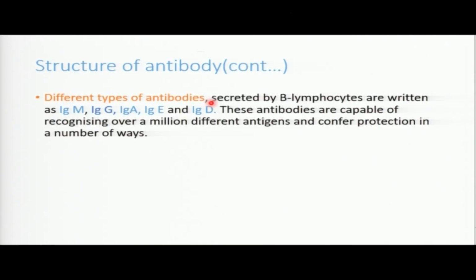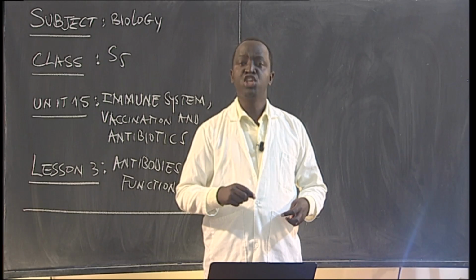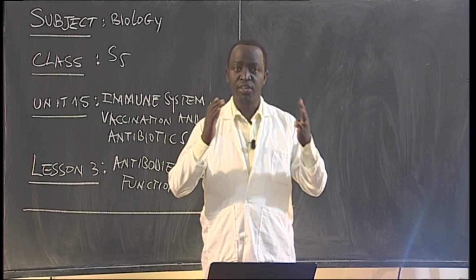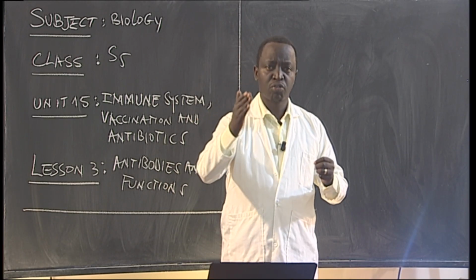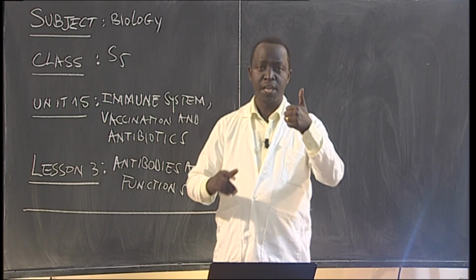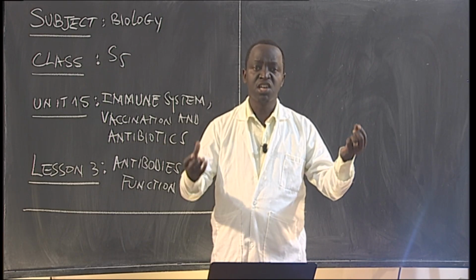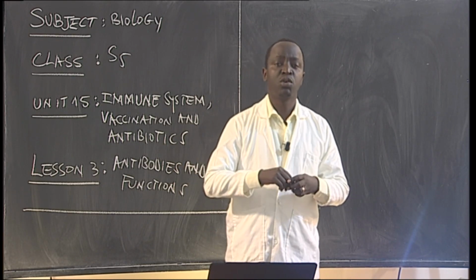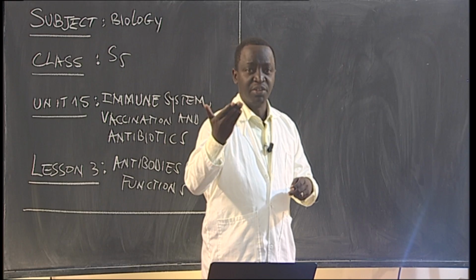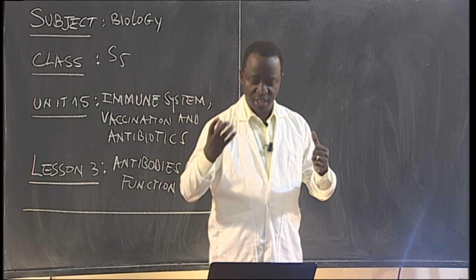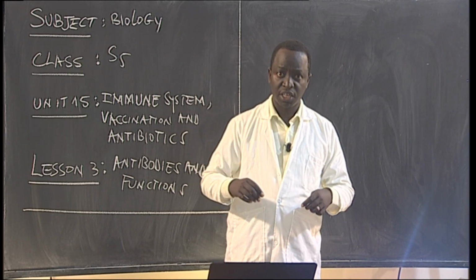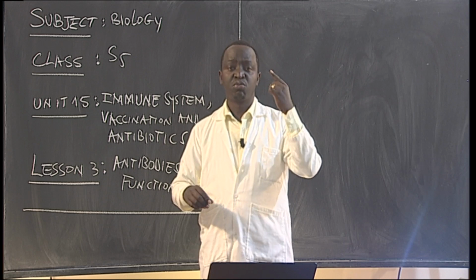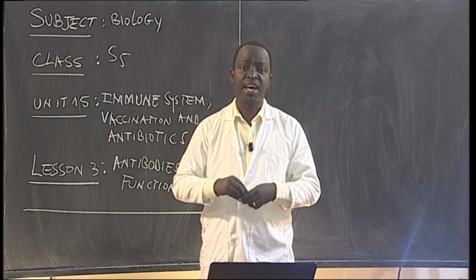Those antibodies have the ability of recognizing millions of different antigens. Remember, when we talk about antigens, those are the foreign material that can enter into our body and cause, for example, disease. That's why those antibodies have to bind with those antigens and then destroy them.